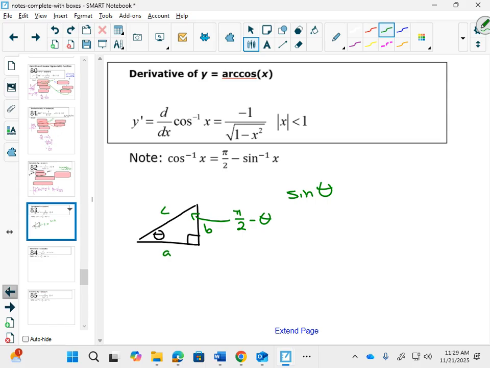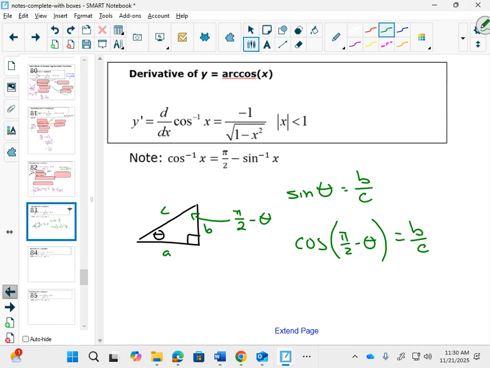My projector just looks like it's losing its light bulb. Sine of theta would be opposite over hypotenuse, right? And cos of the other angle is exactly the same. Agreed?